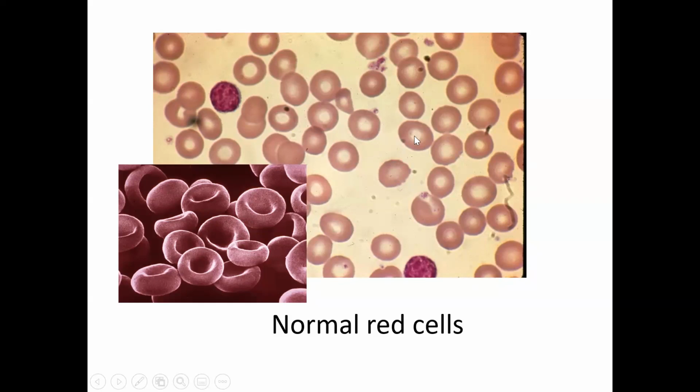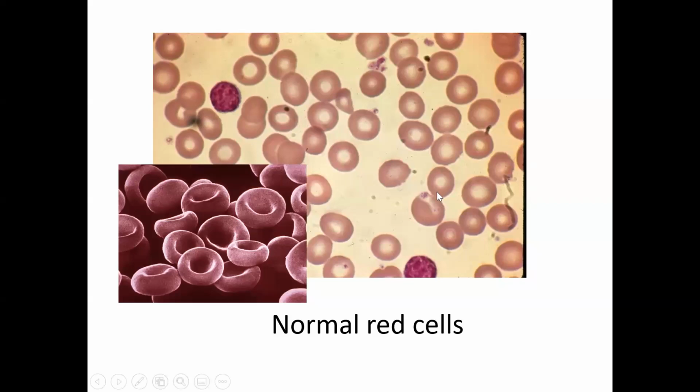And in a normal cell, this area of central pallor should not be more than 1/3 of the red cell diameter. So in a normal red cell, when we look at it under the microscope, the area of central pallor shouldn't be more than 1/3 of the diameter of the red cell.